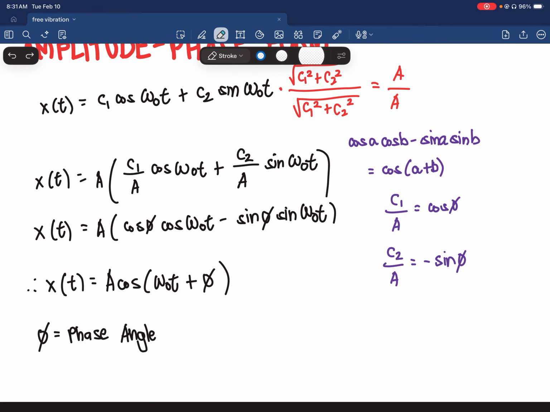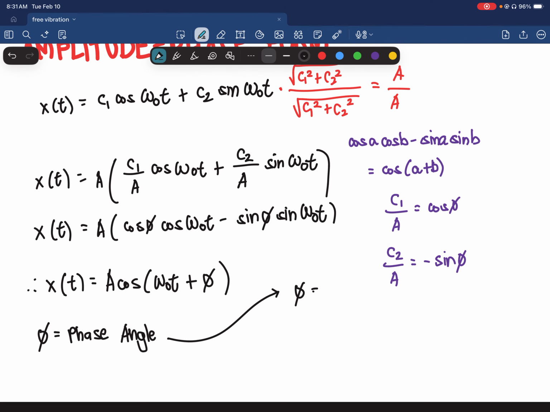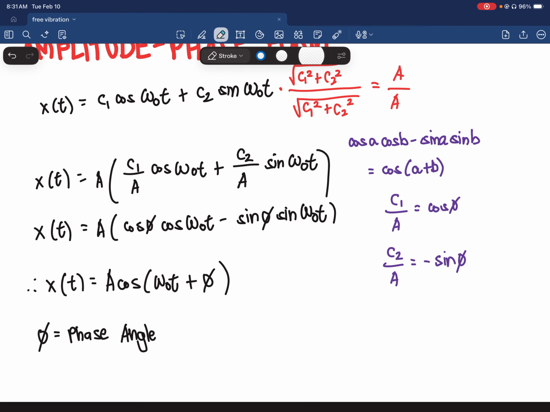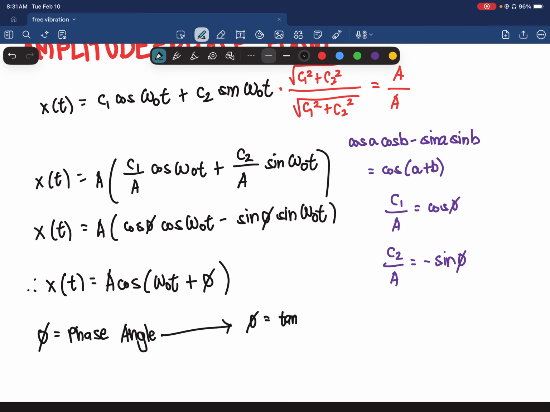So, mirror lang din natin. So, phi, that is, baba natin ito. Okay. So, phi, that is equal to the inverse tangent, arctan, of sine over cosine.